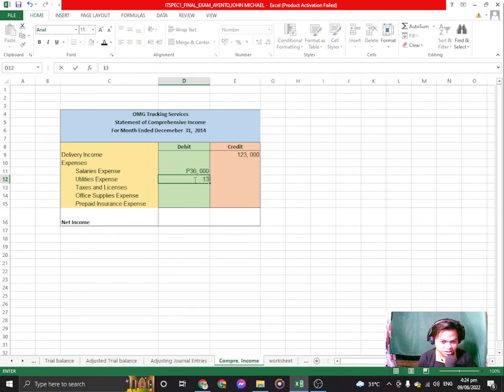Ganina, di ba, nag-ano siya og 13,500 and atong taxes is 5,300 and office supplies expense we have the 2,000 pesos. Prepaid insurance expense we have the 46,000 pesos.